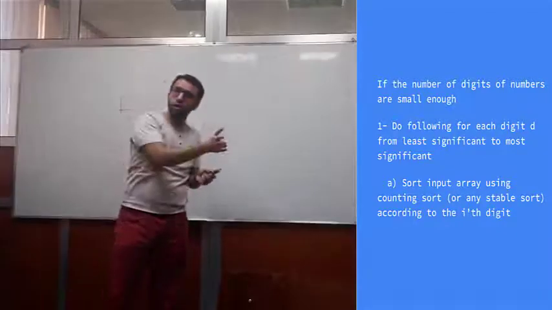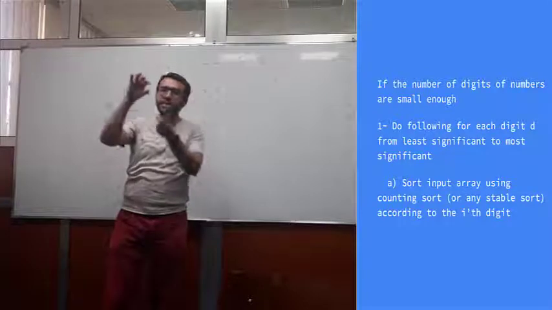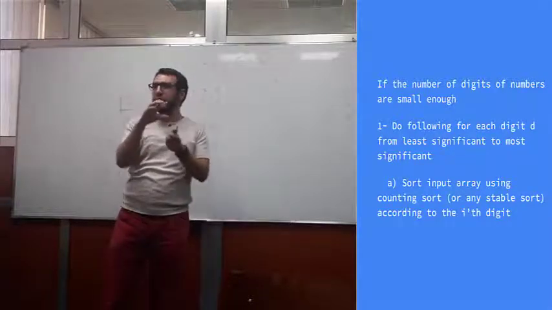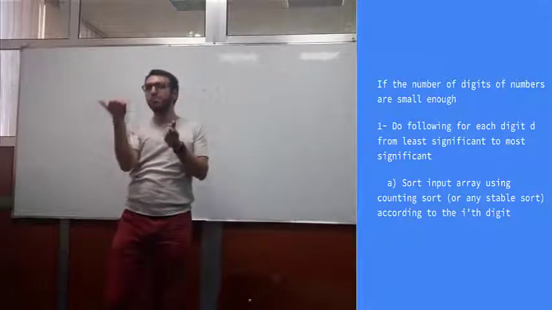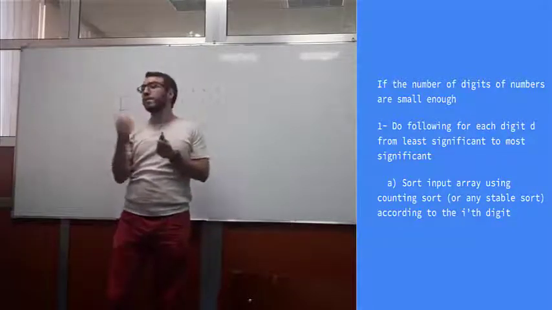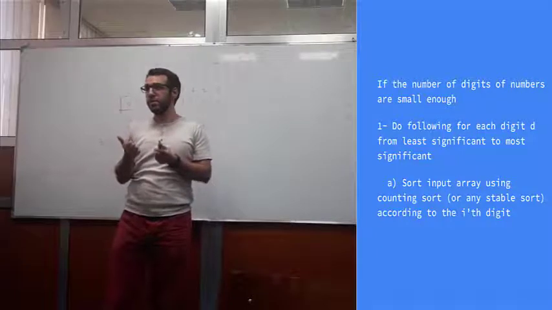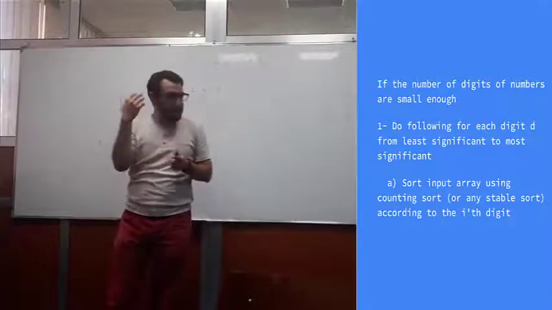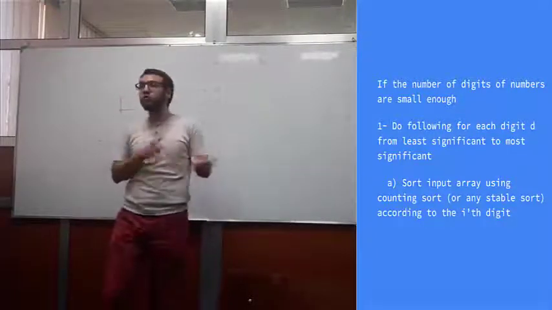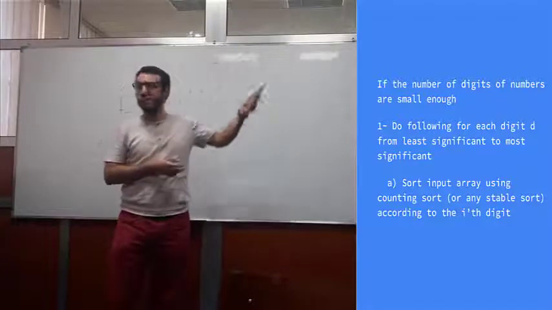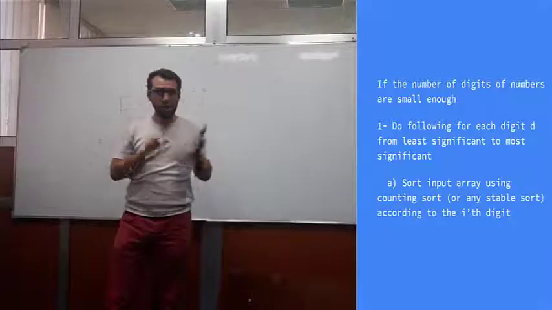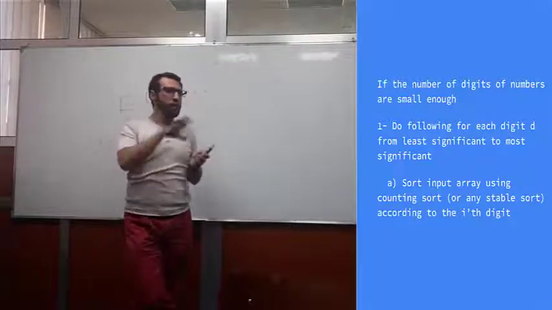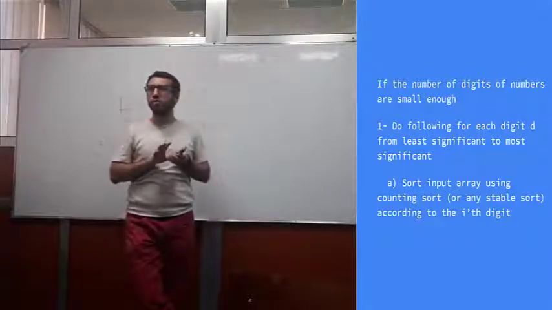And as we go further, once we see the same value in a more significant digit, we should keep the order that was determined by the less significant digits. That's why stability can come into play for some problems. And in the case of radix sort, it is important. So any questions so far about counting sort or radix sort?